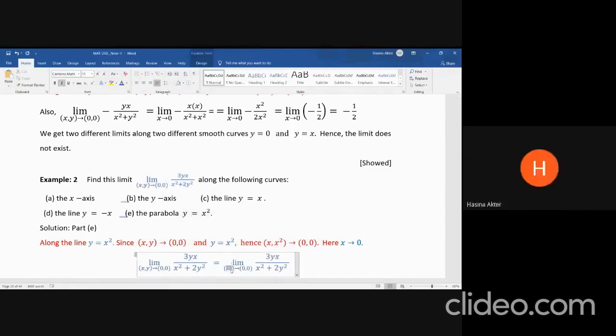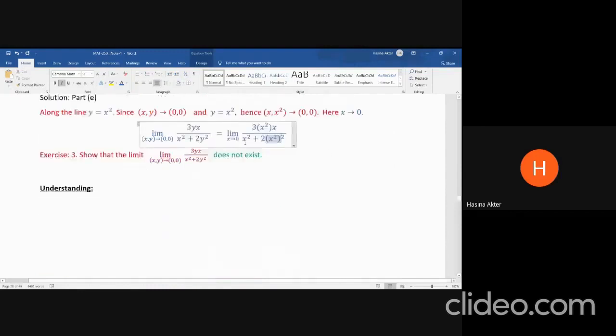I'm doing this just to show you how to manage this kind of thing. So in place of y, you are going to write x squared, and what should be the limit, you think? You have 3x cubed on top, right?